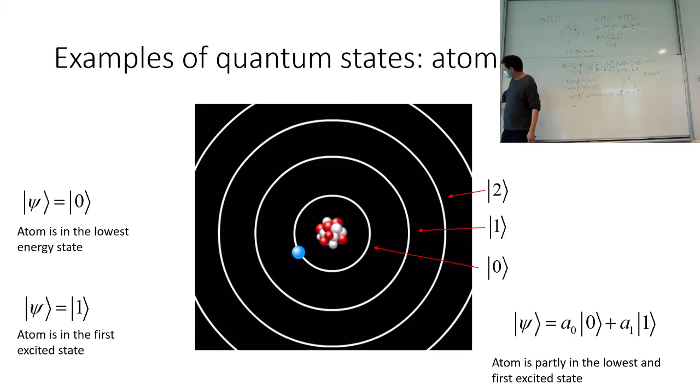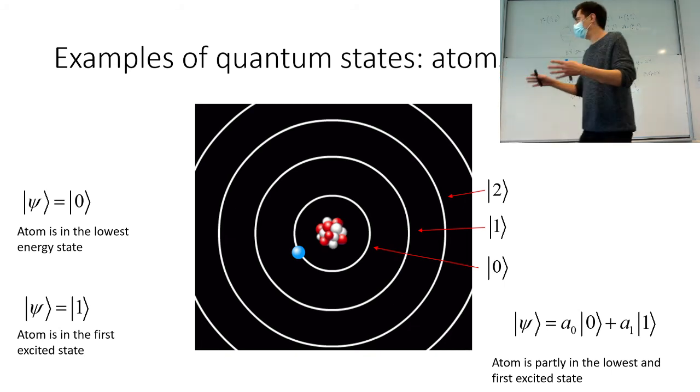If you write that the atom is in the state A0 plus A1, that basically means the atom is partly in the lowest state and also partly in the first excited state. So you're allowed to have a little bit of the atom in one state and a little bit of the atom in some other state.